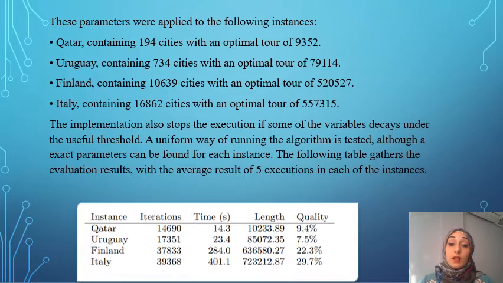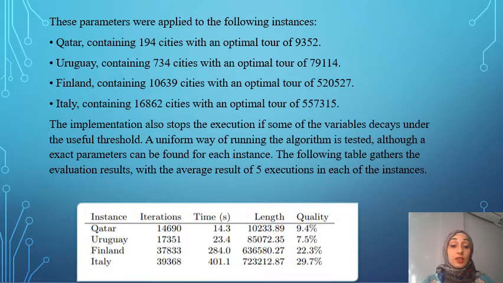These parameters were applied to the following instances. We can see in this figure a real example for four countries: Qatar, Uruguay, Finland, and Italy.